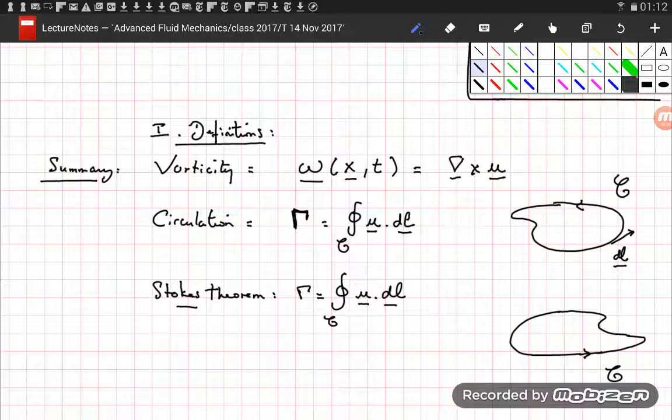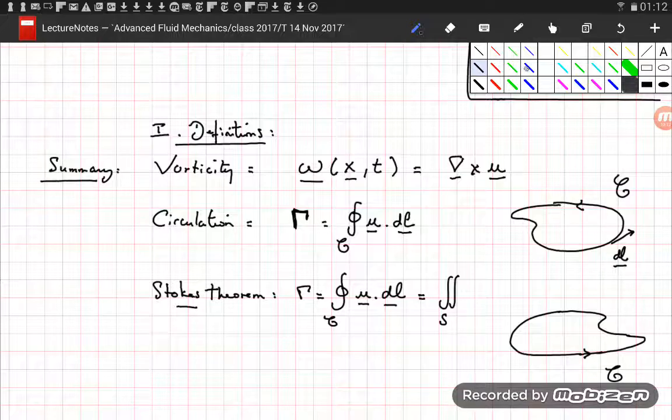Now the two are related through the Stokes theorem, and this is what allows us to interpret a little bit what the vorticity is. So the Stokes theorem indicates that the circulation, or the line integral of u dot dl, is in fact equal to, and there is no physics in that, this is just a mathematical expression, the flux through an open surface attached to the contour.